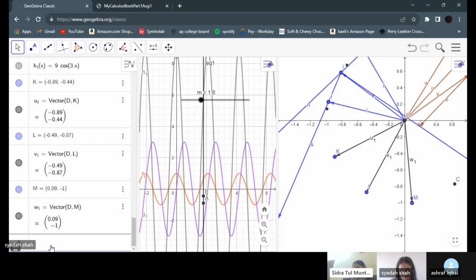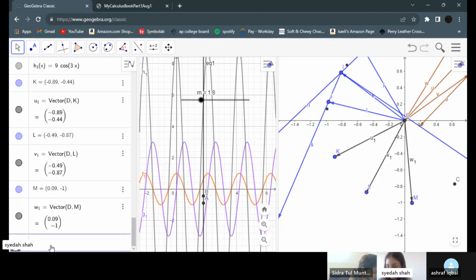So here's a quick question. What would be the magnitude of the velocity vector and the acceleration vector? 3, I think. Yes, very good. And what about the acceleration?